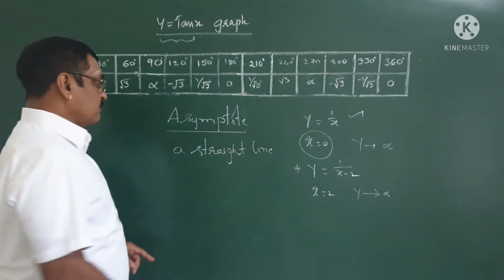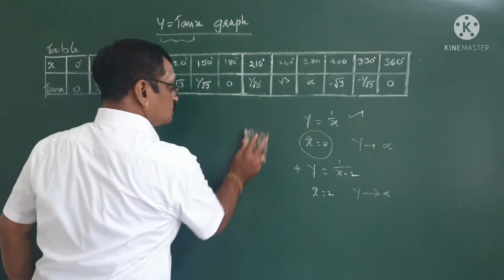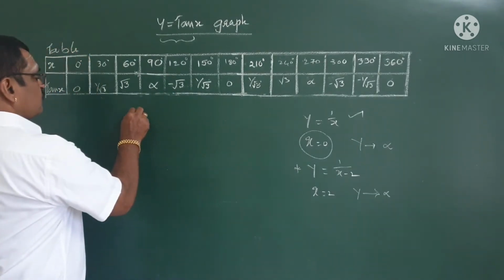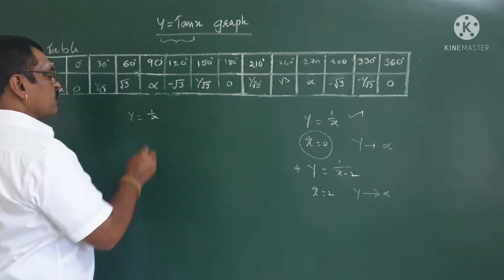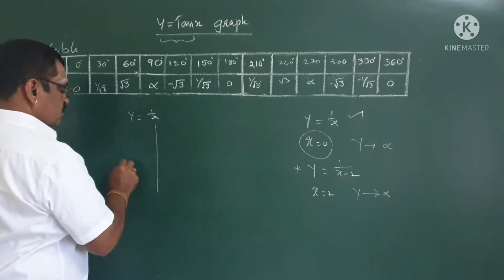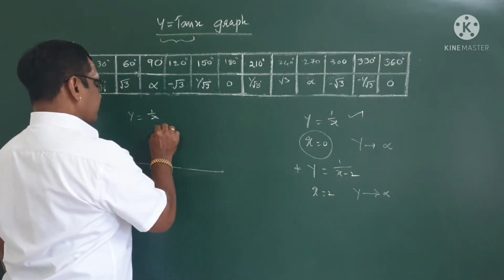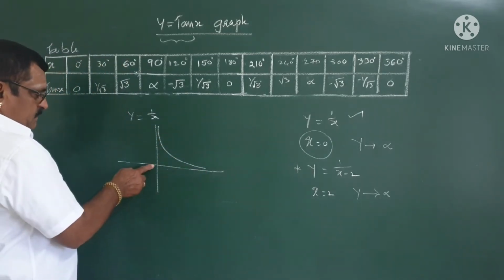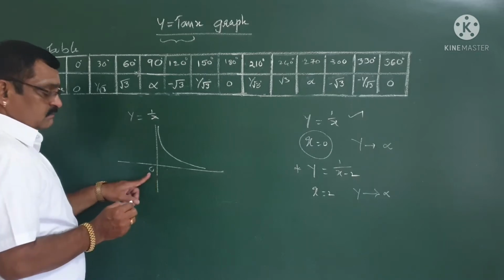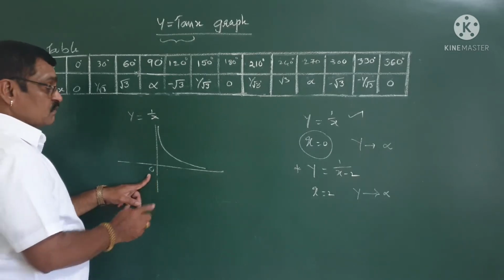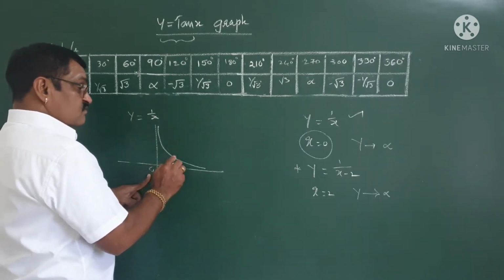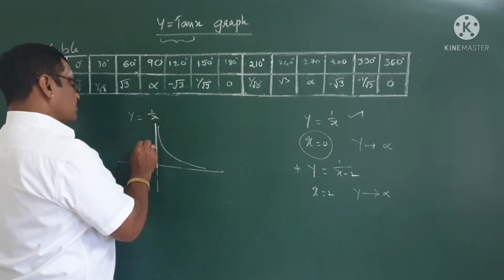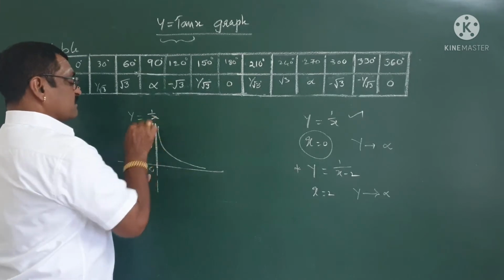Let me draw the graph for y is equal to 1 over x. Now, the graph of y is equal to 1 over x will be like this. It's not an exact graph, just a graph. If we observe carefully, when x is equal to 0, my curve is trying to approach the straight line x is equal to 0, of course nothing but the y-axis.